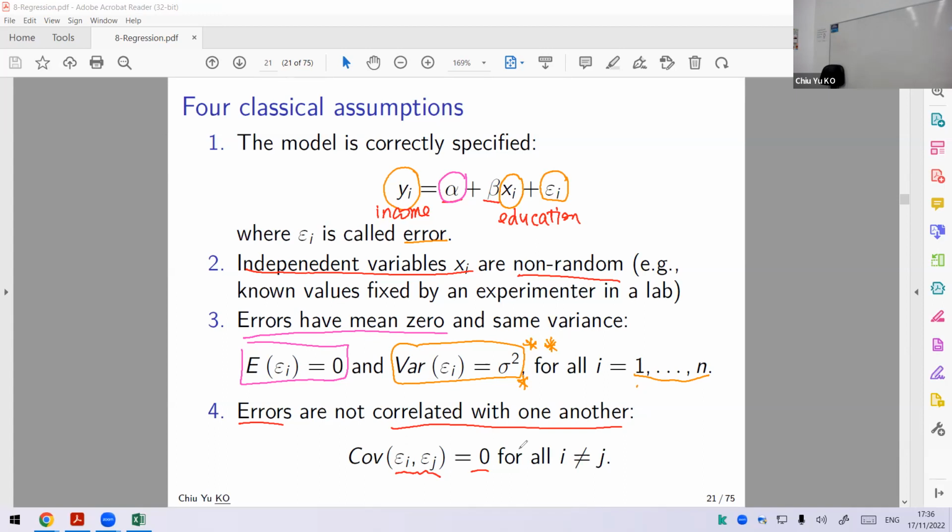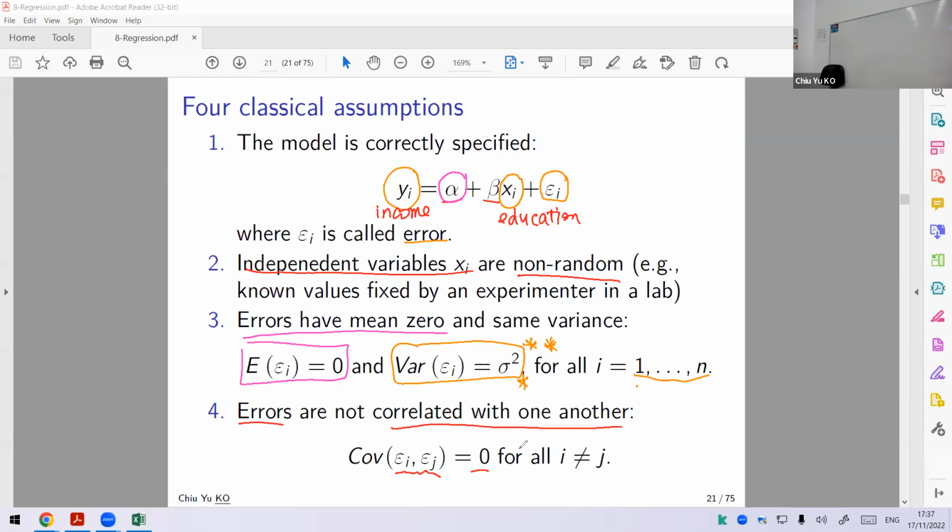Or the stock market, today's price goes up, tomorrow's price tends to go up, right? If that is true, then the fourth assumption is violated, right? And if you really want to see how to solve this, that will be another advanced class on time series analysis. And that is not our concern.